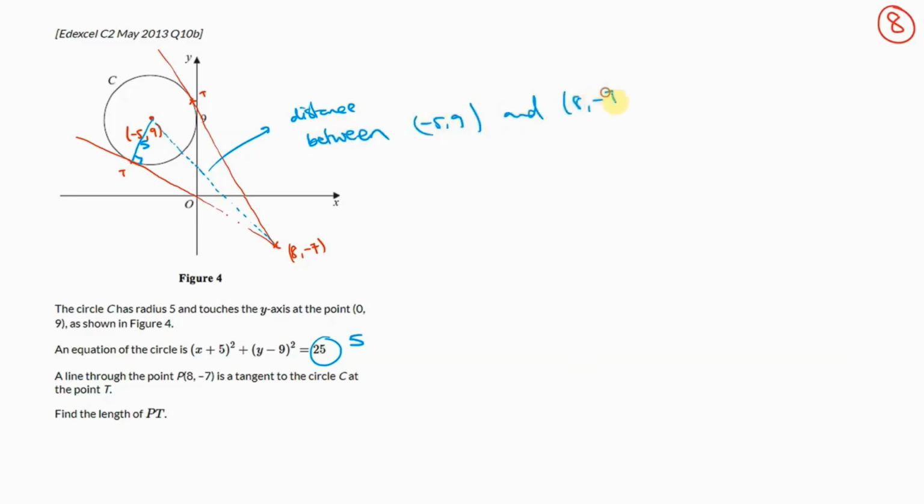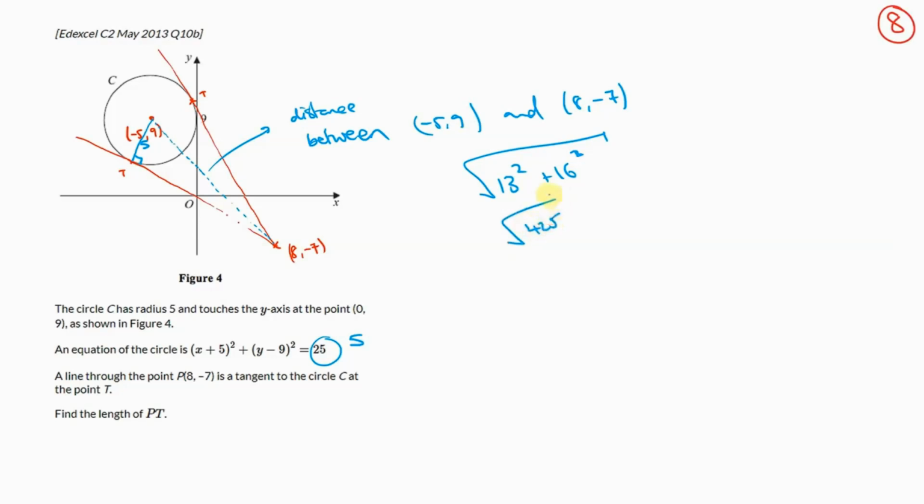So I'm just going to go ahead and do the mathematics behind all of that. The difference between minus 5 and 8 is 13, and the difference between 9 and minus 7 is 16. So 13 squared plus 16 squared, all square rooted. I think that gives me root 17 if I remember.